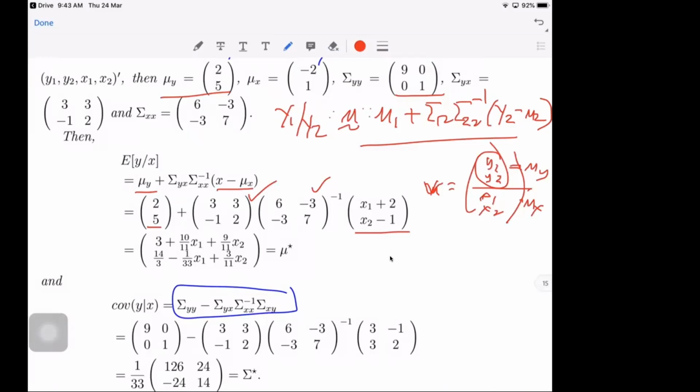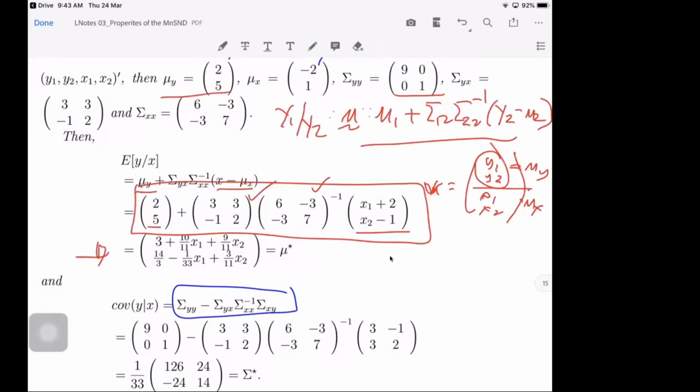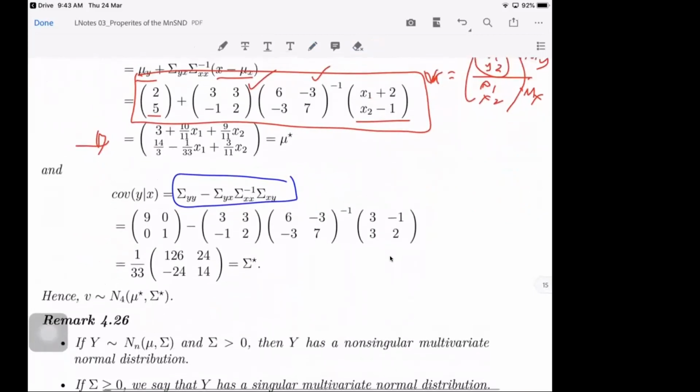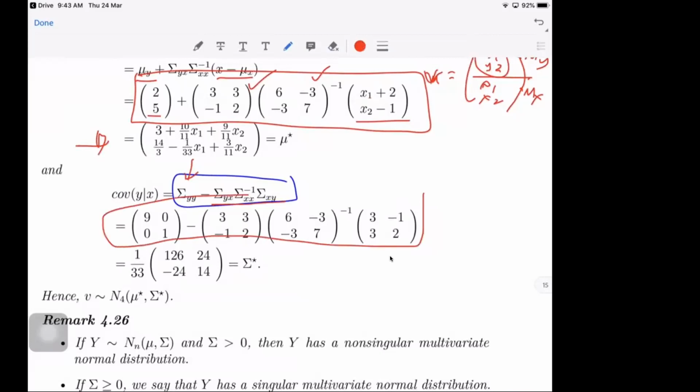So if you do matrix multiplication here, you will arrive at this answer. And similarly, substitution of sigma yy and the following. It is easy to find the inverse of a 2x2 matrix.